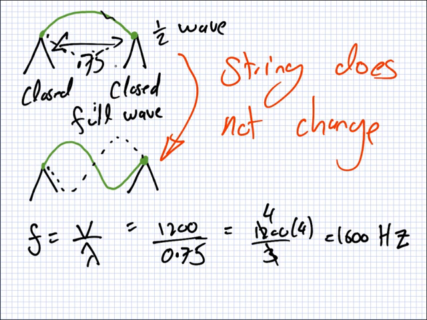But here lambda is 0.75. Correct. Why? Because this is 0.75.